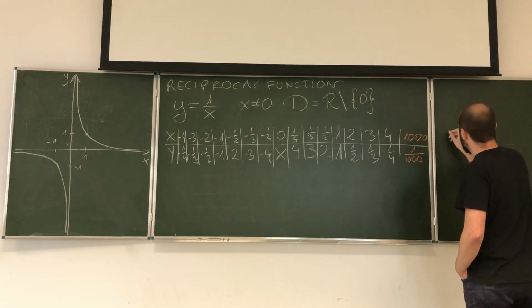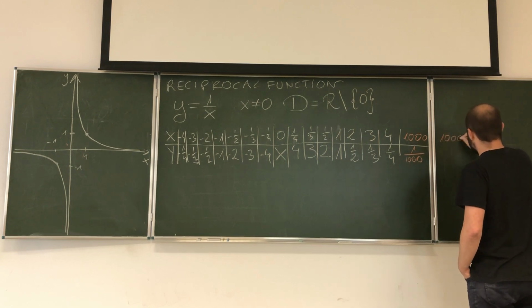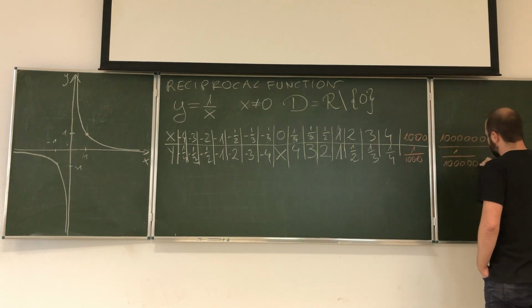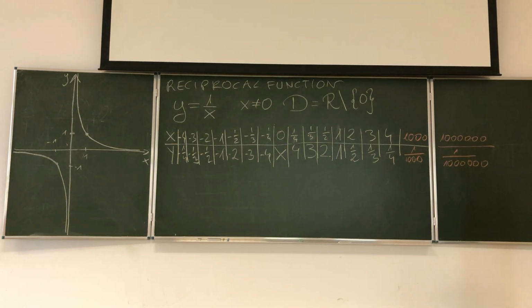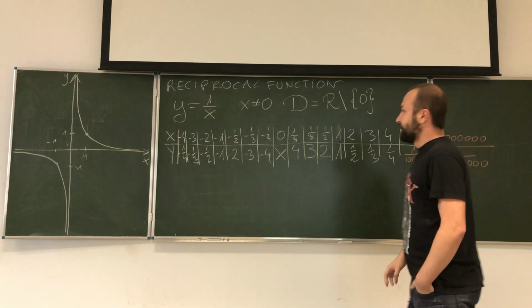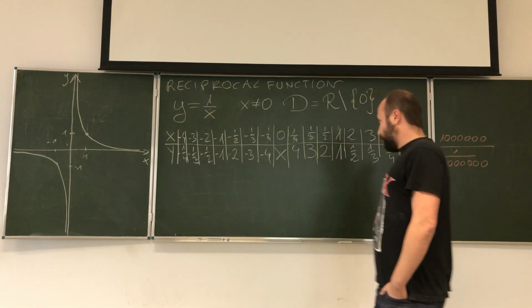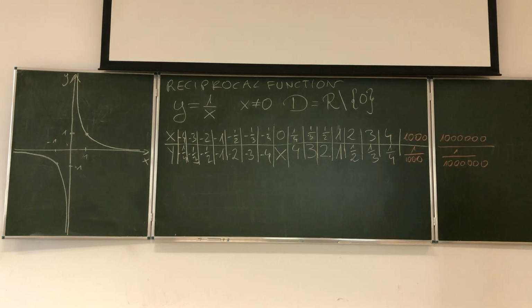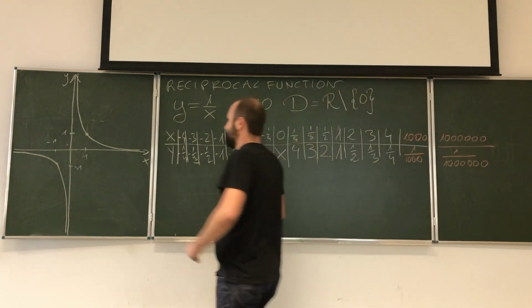If I had here 1 million, here I would have 1 over 1 million.